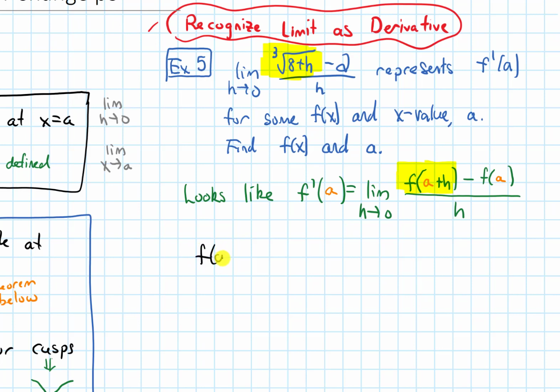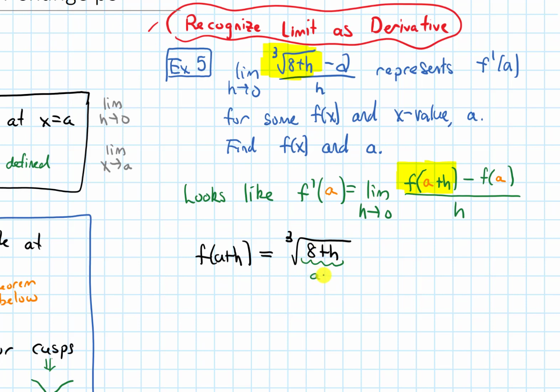The f of a plus h should be equal to that cube root of 8 plus h. So a is some number, and a plus h needs to be plugged into my function. If I look at the right-hand side, what's getting plugged into this cube root function is this 8 plus h.